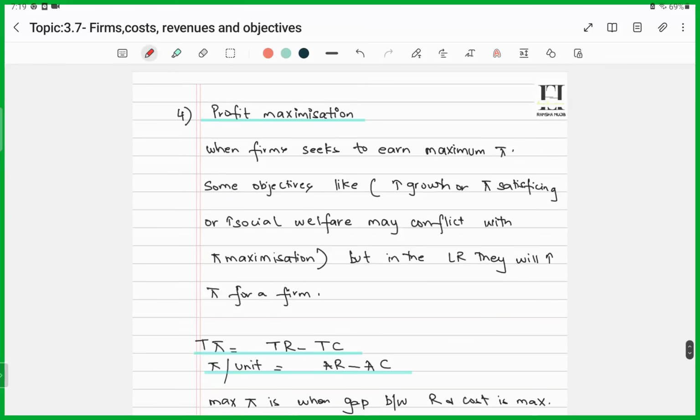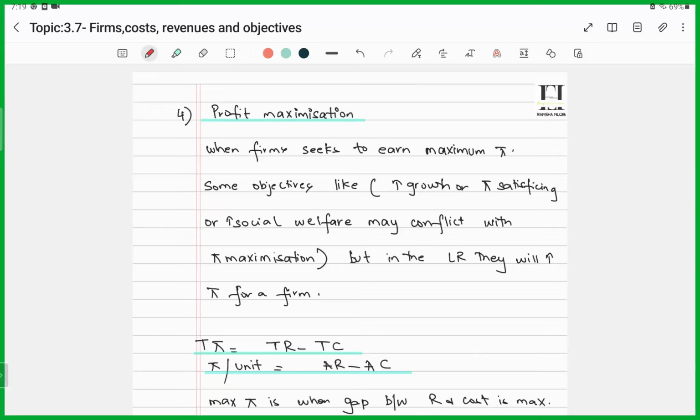Profit maximization is another objective of firms. This is when firms seek to earn maximum profit. Some objectives like increasing growth, profit satisficing or increasing social welfare might conflict with profit maximization, because once the firms aim to expand social welfare, this means they are sacrificing profit.